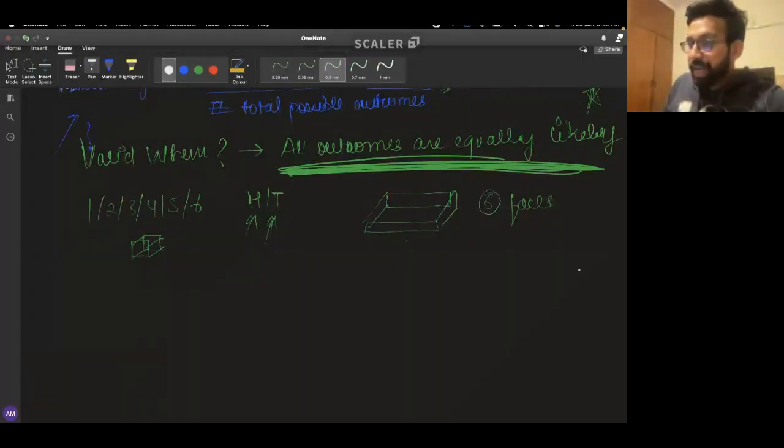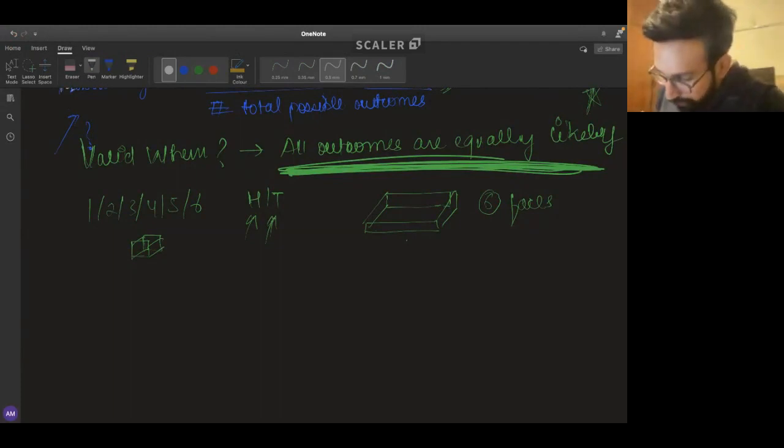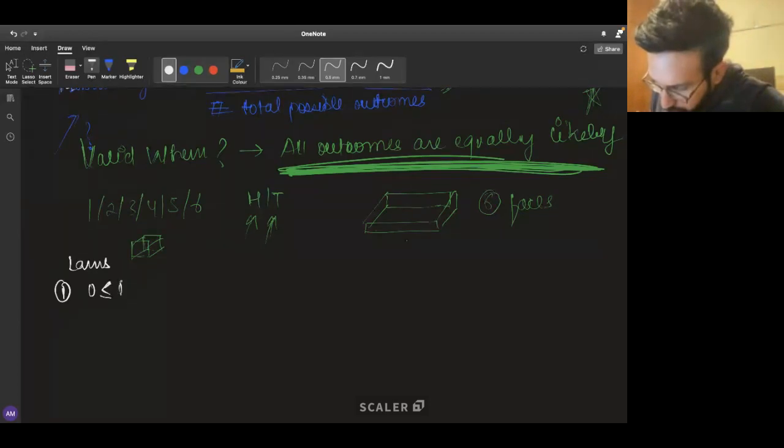All right. So after this, let's talk about a little more theory about probability, just to formally cover everything. First thing, there are two laws of probability. First law, I think everyone knows. So probability of any event would be what? In between 0 and 1. What does it mean to have 0 probability?